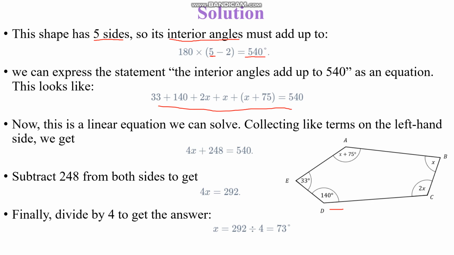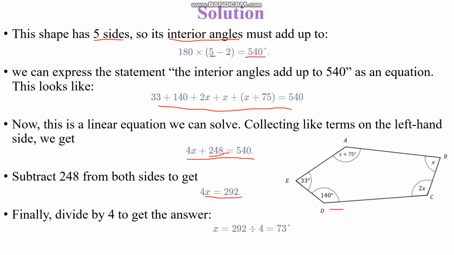This is basically adding all the angles in this pentagon. So now we solve this expression so that we calculate x. Collecting like terms, we will get 4x plus 248 is equal to 540 degrees. And then if we subtract 248 from both sides, we will get 4x is equal to 292.